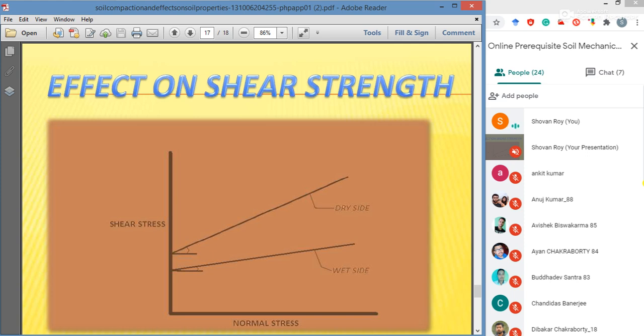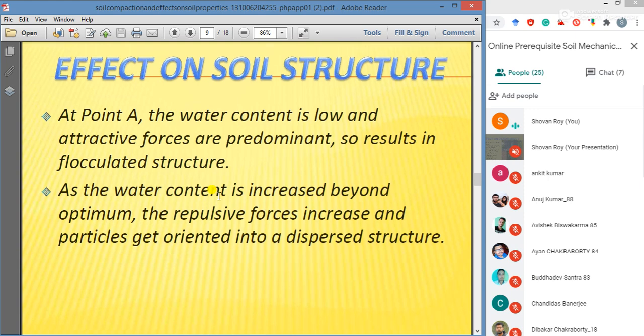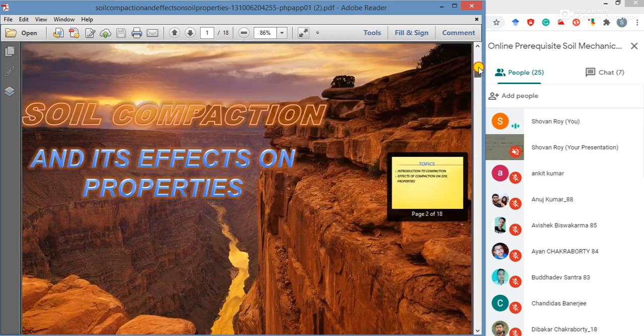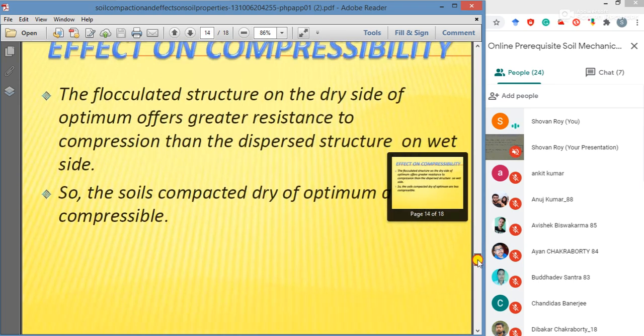This type of combination you will get the idea of from all the shear strength tests. So for the time being, I will not continue with these effects or parameters which are affected by compaction, but these things are involved. These things are all present in your syllabus.